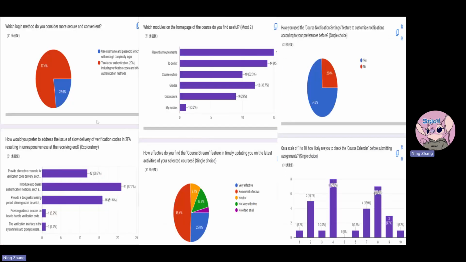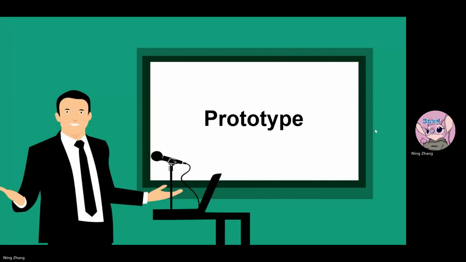Here you can see the data visualization in Google Forms. I can collect the data and write a report about the data. And I put this report to ChatGPT, and it can help me to make the comments.